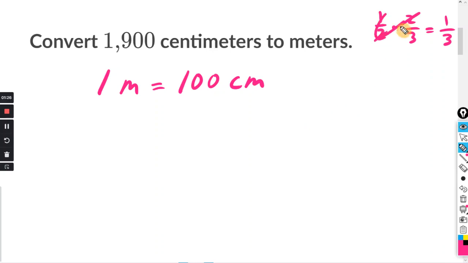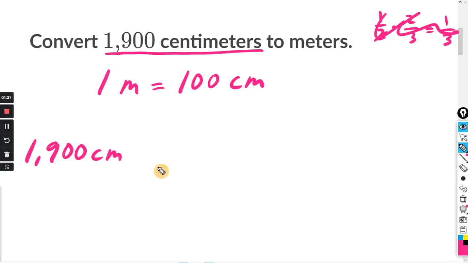Anyhow, we start with 1900 centimeters, and we are going to multiply by a fraction. We said when something equals something, you can multiply by 1 over the other.